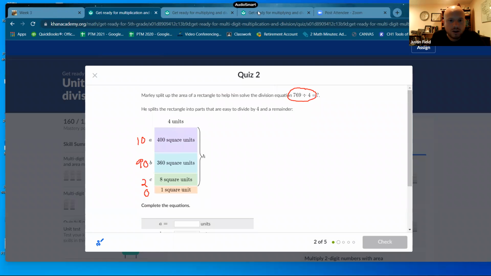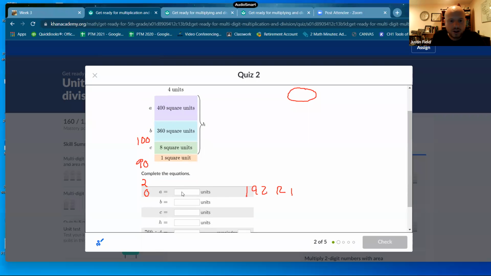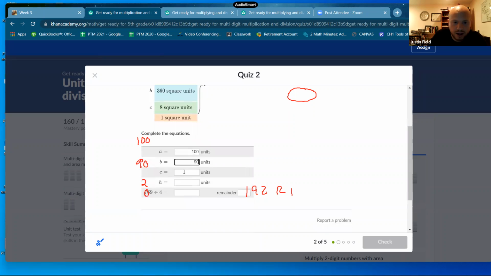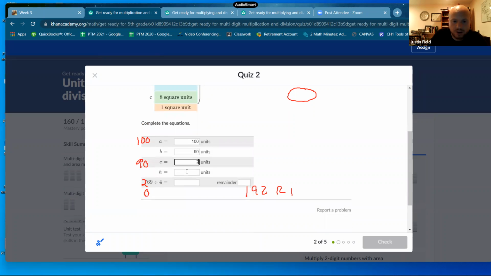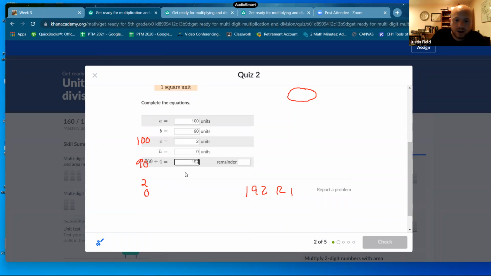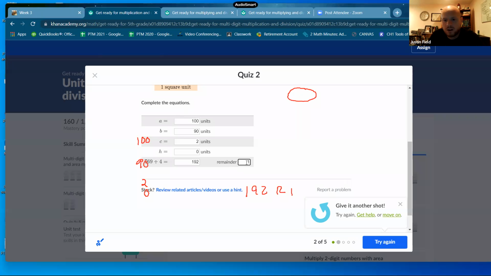Oh, again, I missed a 0. Wouldn't that be 100? So would it be 192 and then remainder 1? Would that be the answer? Let's see. So we got 100, we got 90, we got 2, we got 0, and so it's 192. Add them all together, remainder 1.